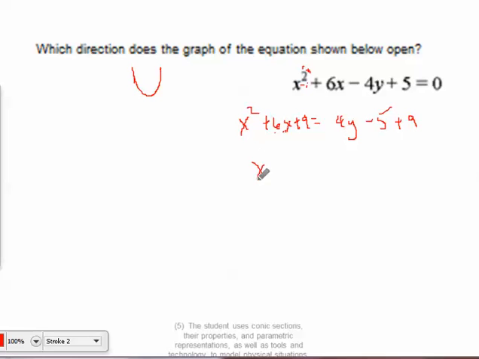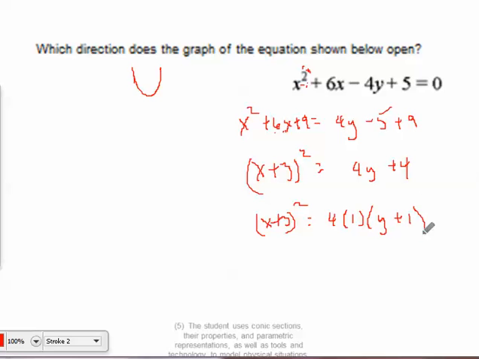And I'm going to get x plus 3 squared is equal to 4y plus 4. Well, that 4 is going to factor out of that, so I'm going to get x plus 3 squared is equal to 4 times 1 times y plus 1.